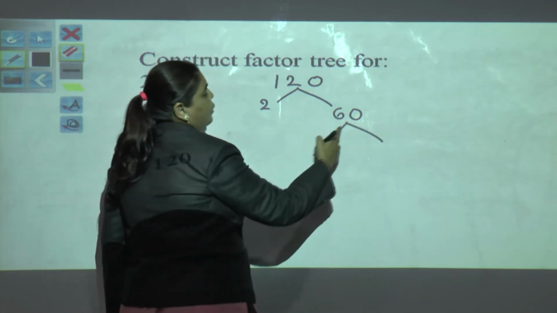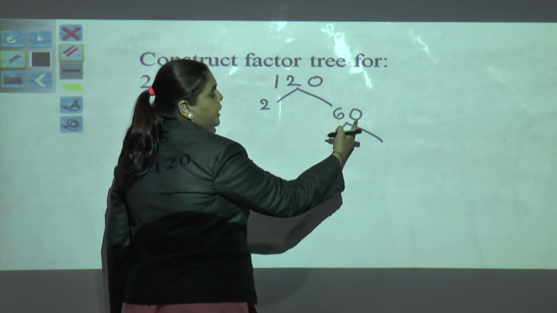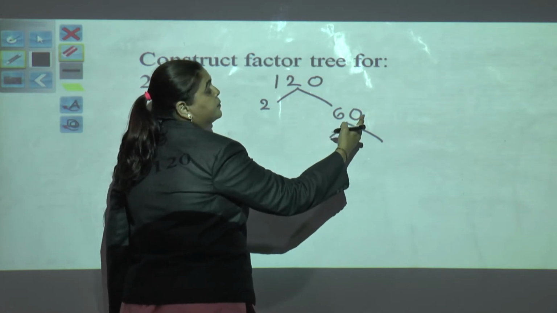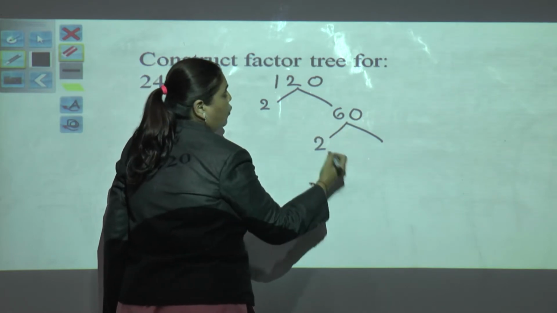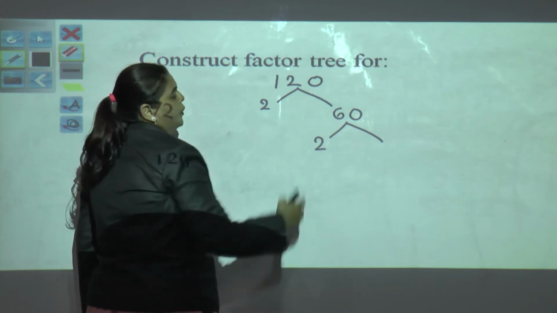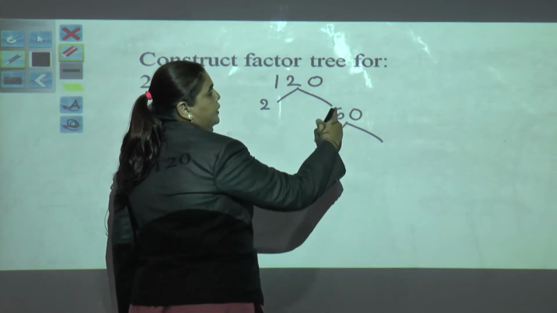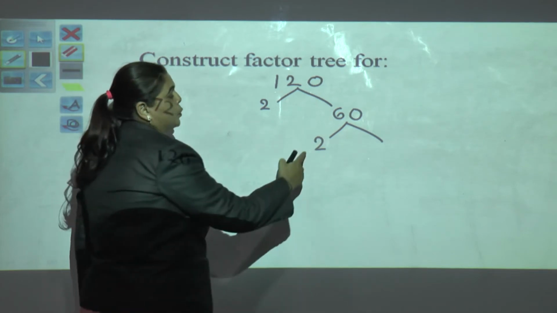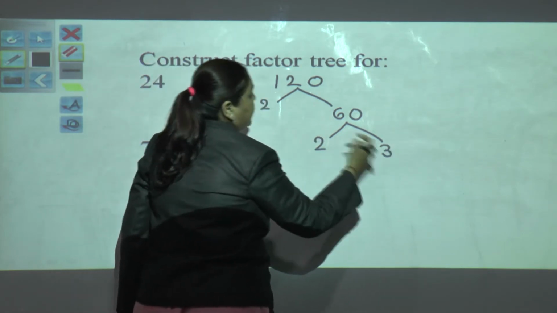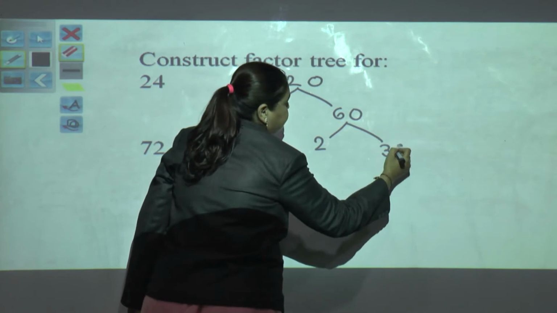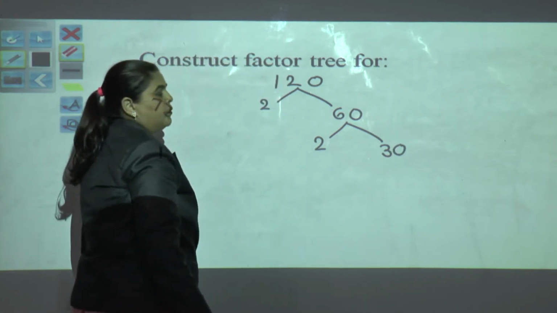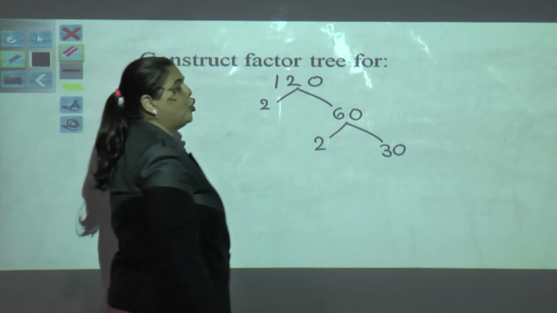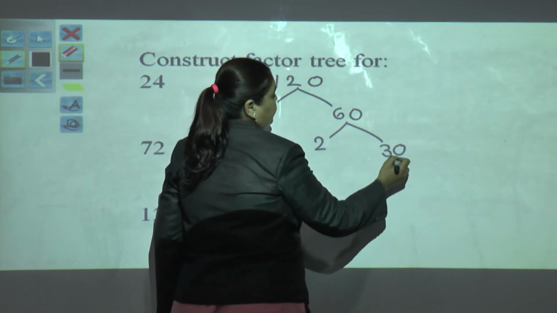I have to find out the factors of this. 0 is an even number, so we will go for 2. Now you can recite the 2 table to get a 6. Smart work. 2 3s are 6 and 2 zeros are 0. Very easy. No need for the long division method to find out the factors.